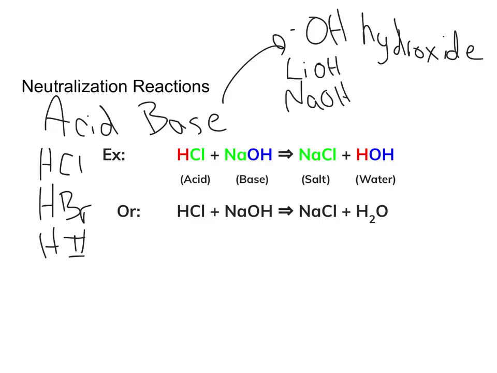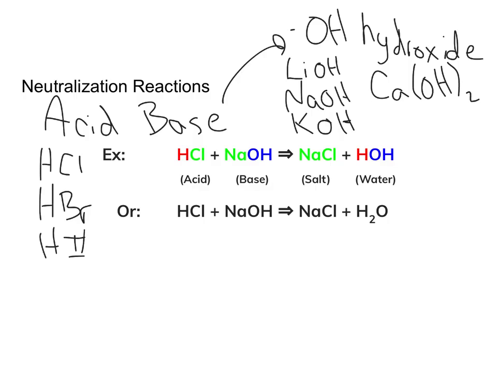NaOH, that's also a base. When you have potassium hydroxide, KOH, and those are all bonded together, that's a base. When you have calcium with two OHs, that's a strong base. These are the four that we're mostly going to focus on in this video and in this unit.